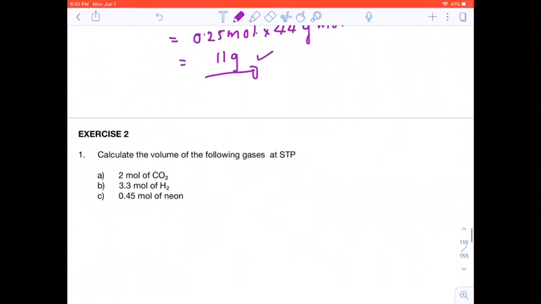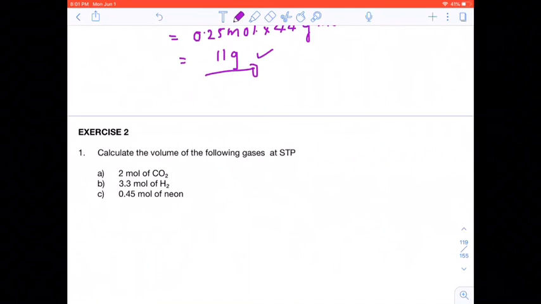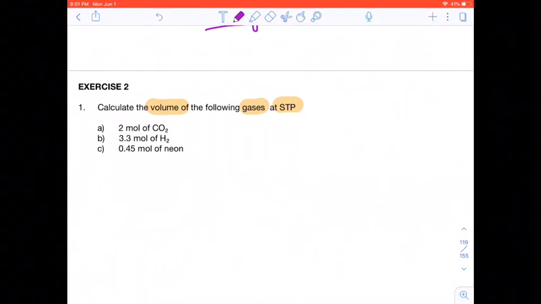Right, now let's look at the next one. Here we need to calculate the volume of the following gases at STP. All right. So for 2 moles of carbon dioxide, we know n is equal to volume upon the molar volume, right?